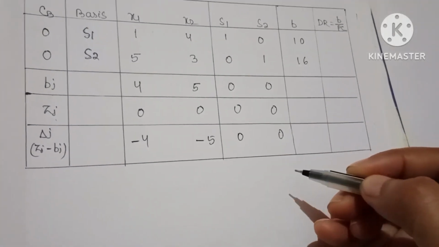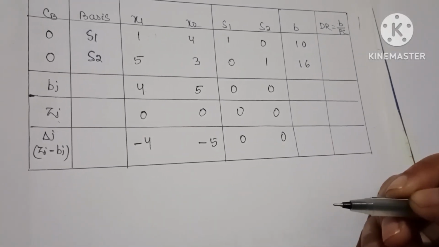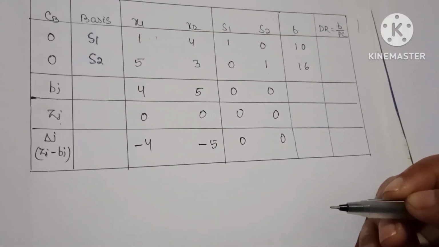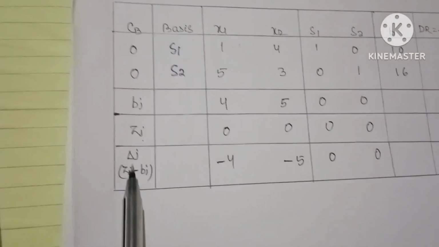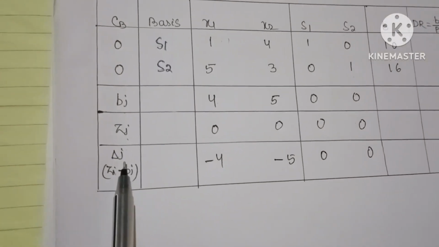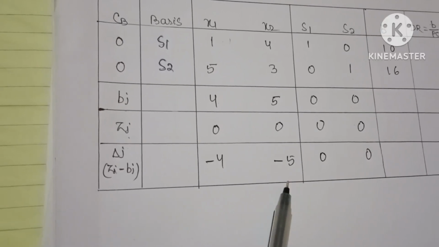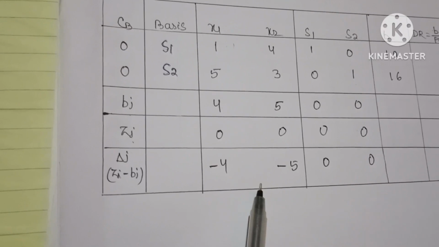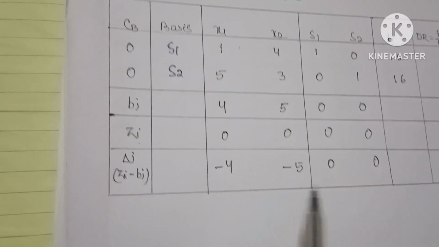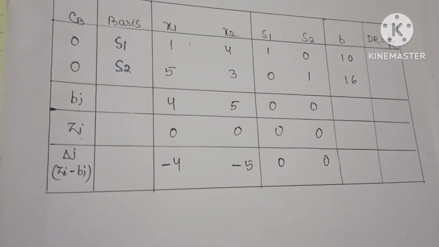So now we'll find the largest negative number to find the pivot column. See, this delta j indicator represents suboptimality because of the presence of a negative magnitude, so we need improvement, because for optimality we need some conditions.